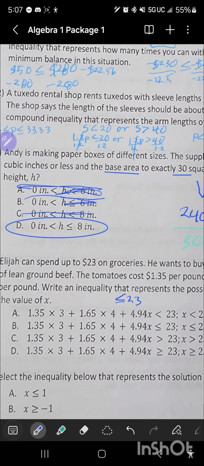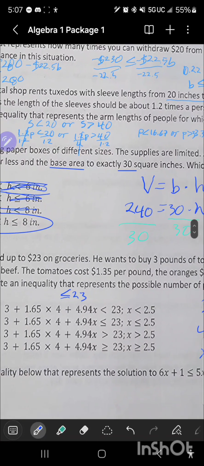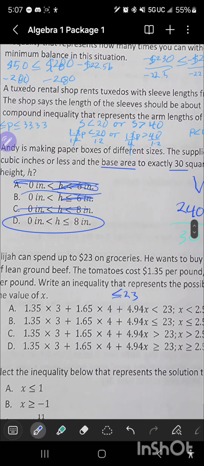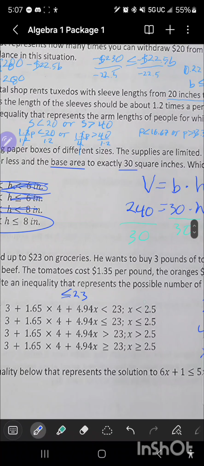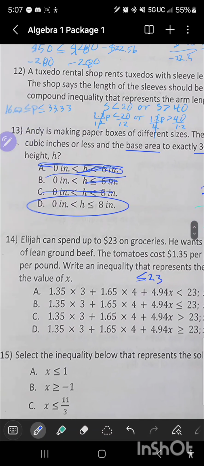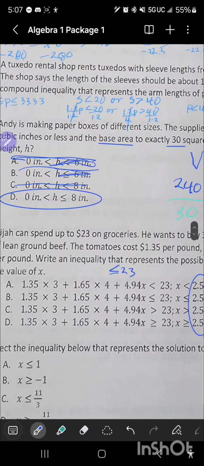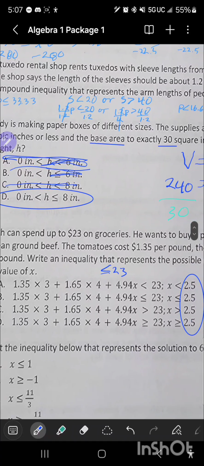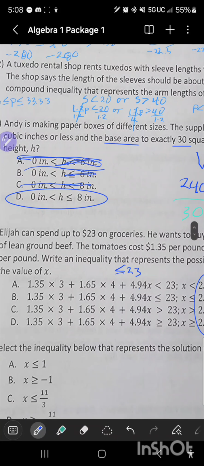So I know that it needs to be up to 23. Basically, the calculation is always the same, so we don't need to really worry about it. As you can see, they're all equal. Basically, we could solve this problem without really reading it. I just wanted to read it completely.